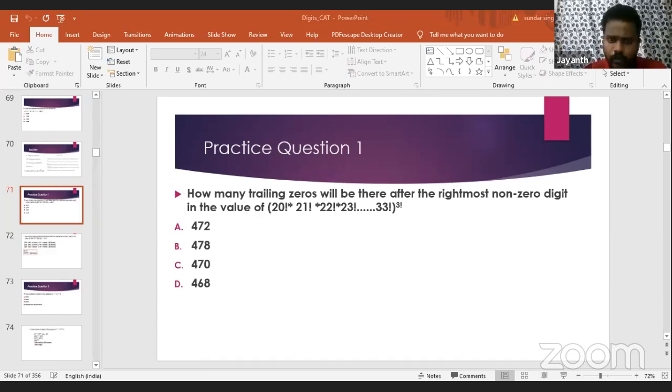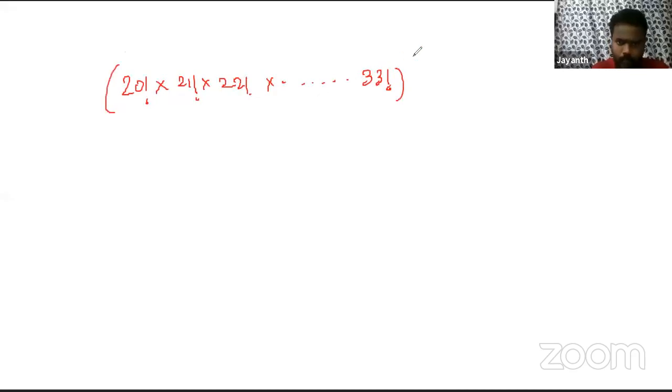What is the question? 20 factorial into 21 factorial into 22 factorial into up to 33 factorial to the power 3 factorial. How many trailing zeros are there?